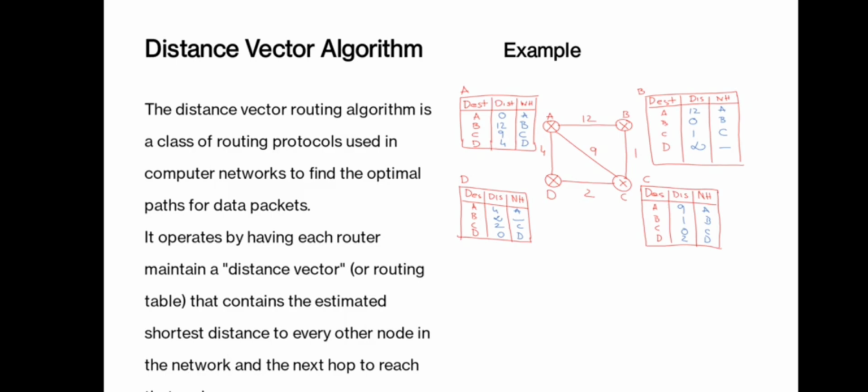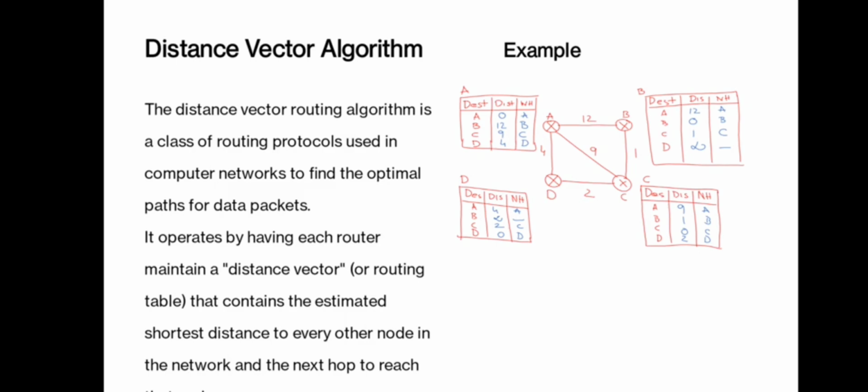The distance vector algorithm, based on one example which I take, in that example four routers are present A, B, C, D. Firstly we take all routers separately and take one destination, means routing table. A to B, A to C, A to D, we find a distance and a next hop.